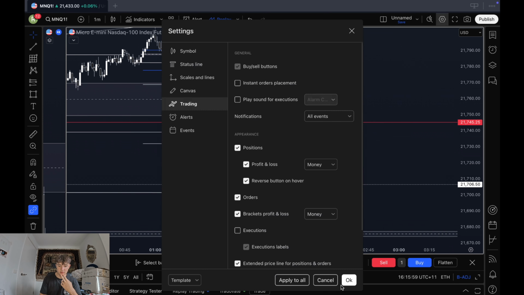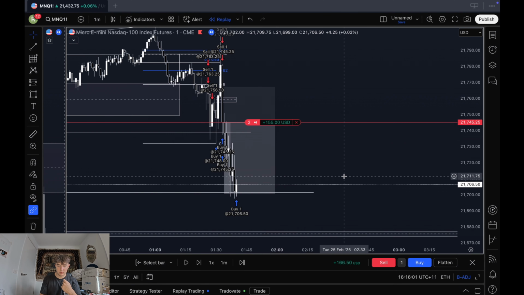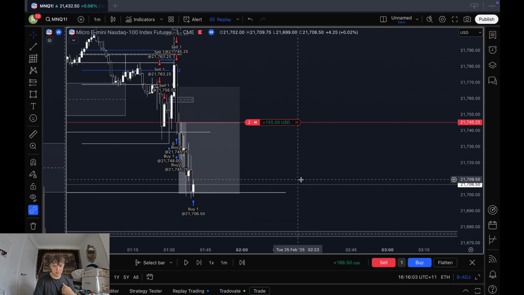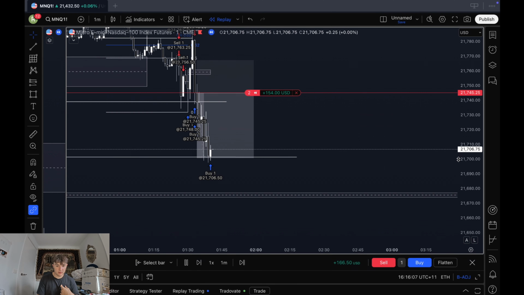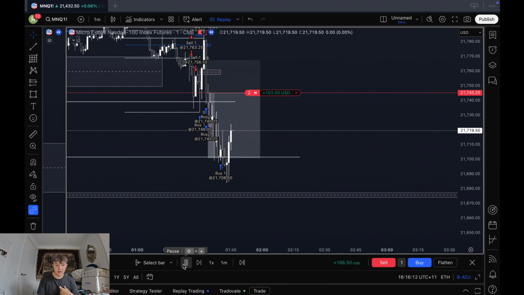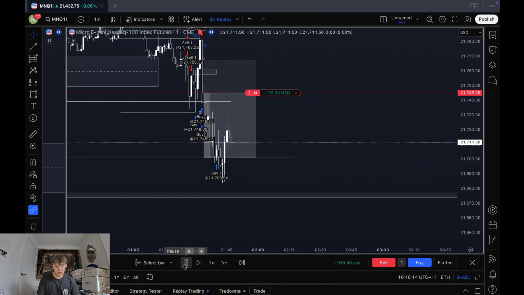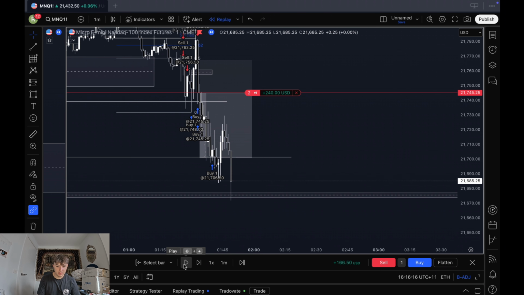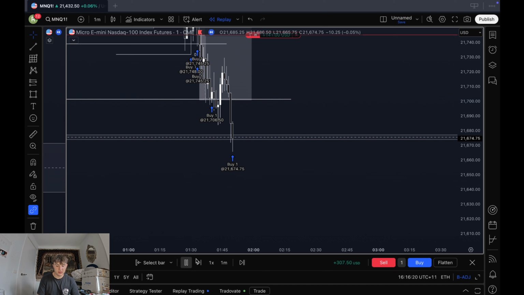So if I just turn back on the executions, we can see first take profit here. And then next take profit would be the new week opening gap, which is this imbalance I've marked out here. Price reverses just a little bit, but continues to dump. So that would be another contract scale.